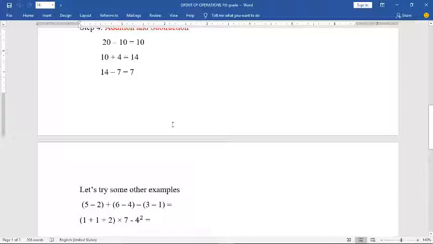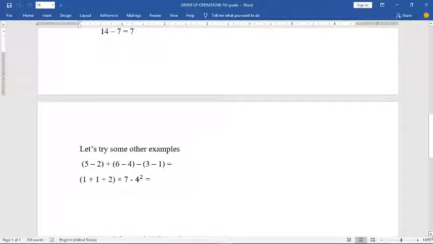Here, for instance, we have some examples to try. We have 5 minus 2, parenthesis, plus 6 minus 4, minus parenthesis, 3 minus 1.